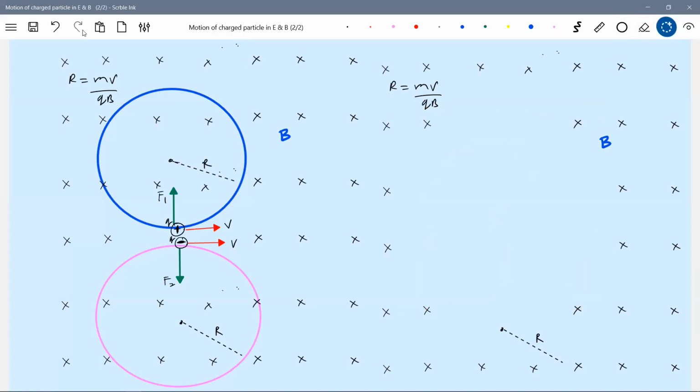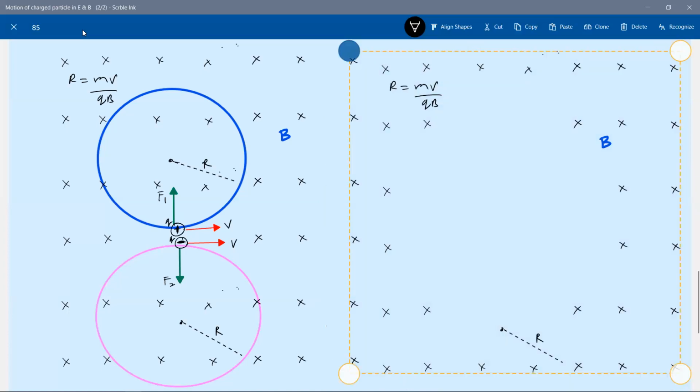Okay, let me draw a fresh one. All this is not possible. Let me go for a fresh one.